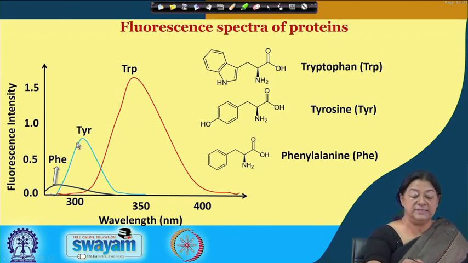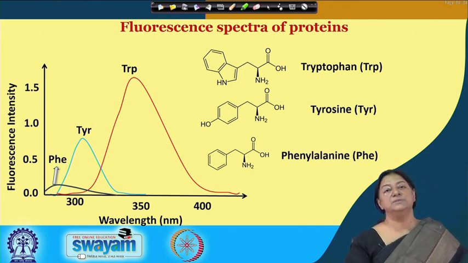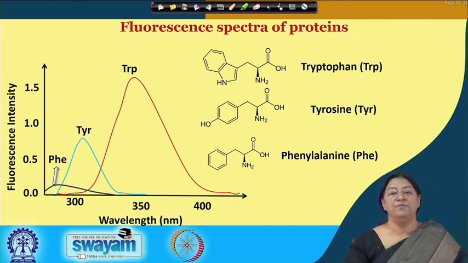The tyrosine intensity maximum is here and the phenylalanine is here, which is relatively weak because of the low quantum yield.